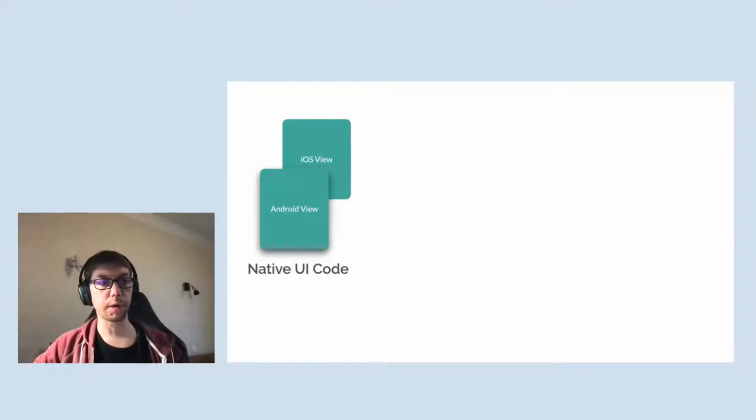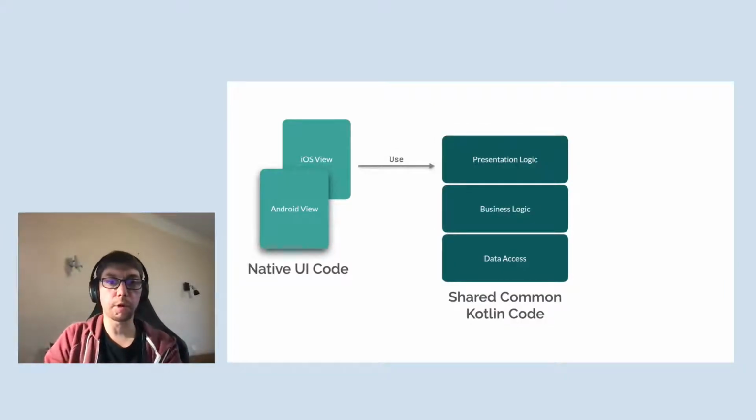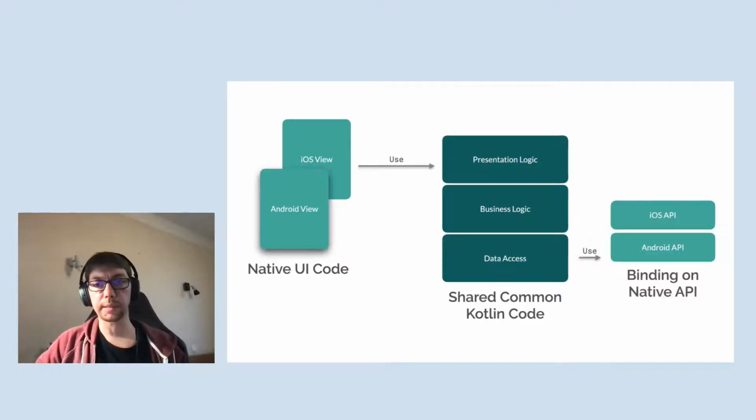The big picture around that is that finally you can still use your native UI code and use your library that is shared in common Kotlin code, everything: presentation, business, data access, and then finally everything will be bound back to a native API for you.